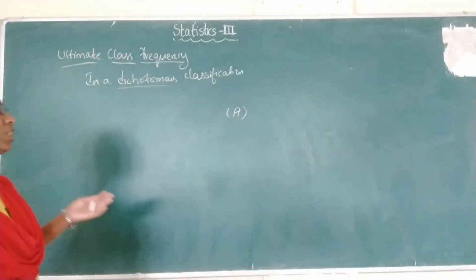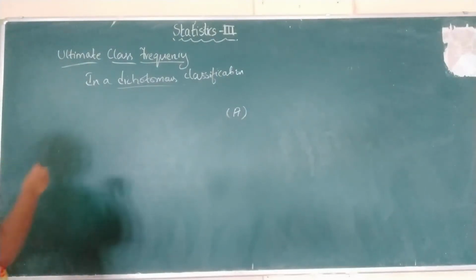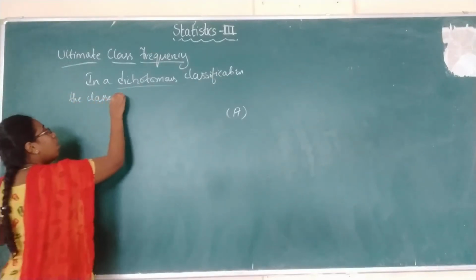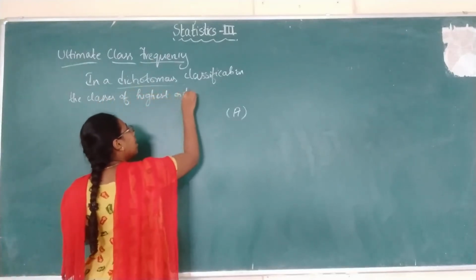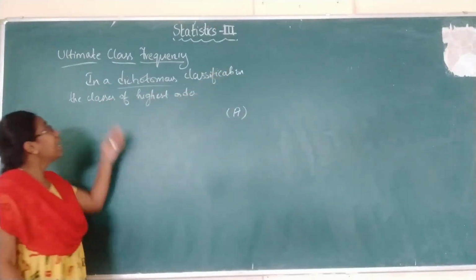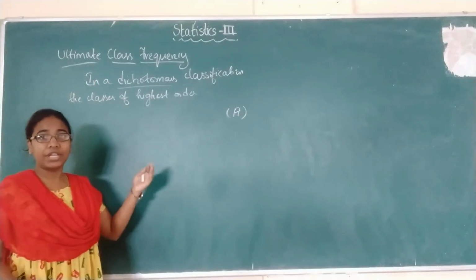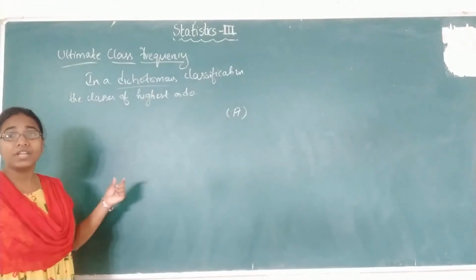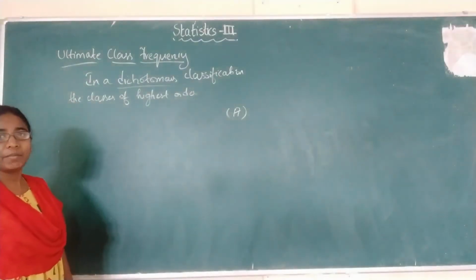In a dichotomous classification of the units, the classes of highest order are called the ultimate classes. In the combinations, whatever the highest order you have, those classes are called the ultimate classes.